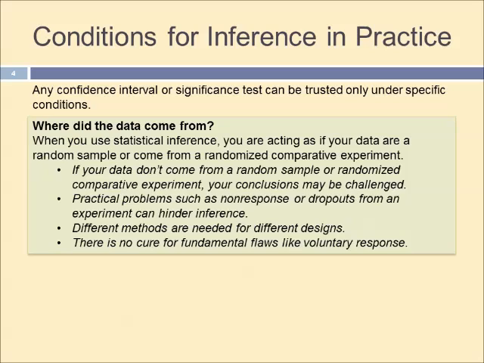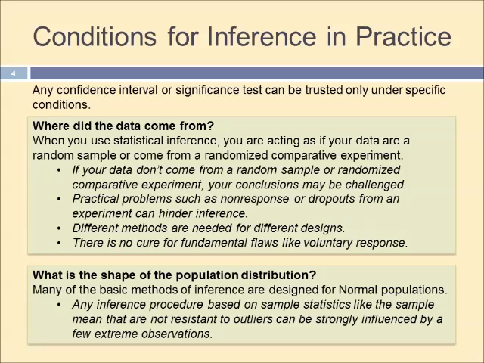If your data don't come from a random sample, your conclusions may be challenged. Practical problems such as non-response or dropouts from an experiment can hinder your inference. Different methods are needed for different designs. And there is no cure for fundamental flaws like voluntary response. As the saying goes, garbage in, garbage out.